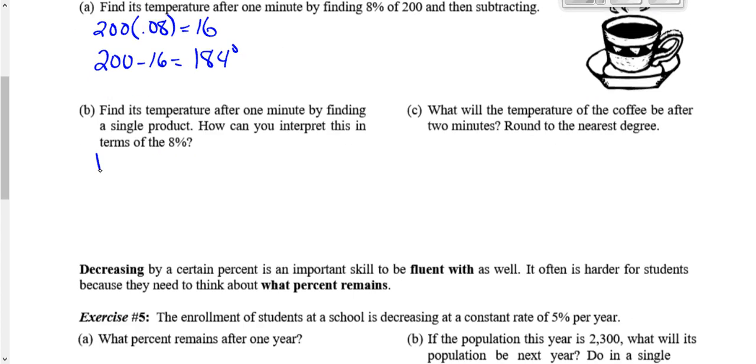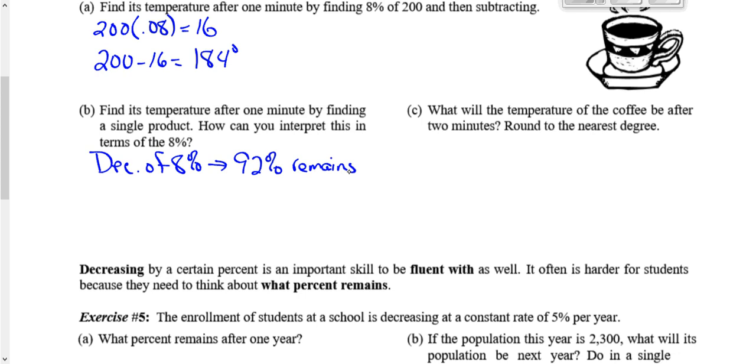A decrease of 8% implies that how much remains? 92% remains. What's 92% as a decimal we can use mathematically? Move the decimal twice. 0.92, right?